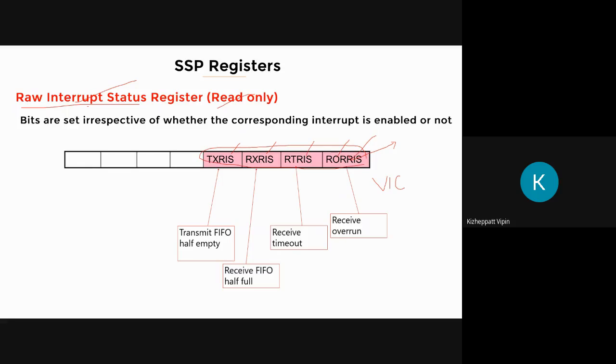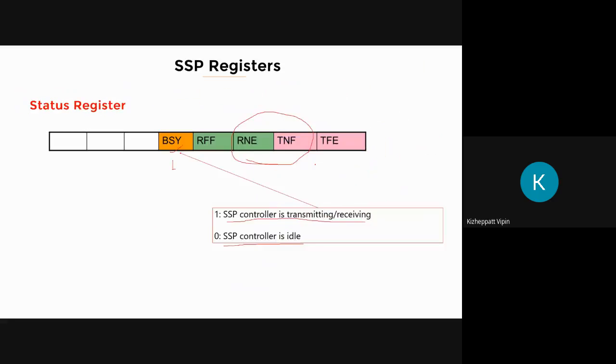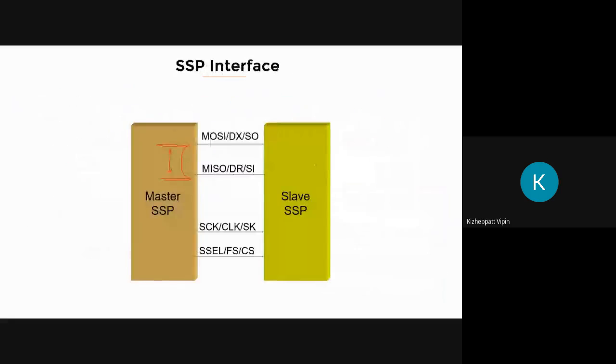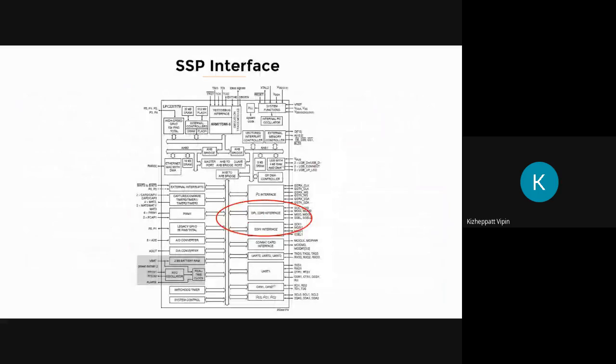That's the reason. Because from the SSP, there are no separate interrupt lines. Remember, from none of these peripherals do we have separate interrupt lines to the vector interrupt controller. From one peripheral, there is only one channel, but an interrupt can be raised due to multiple reasons.